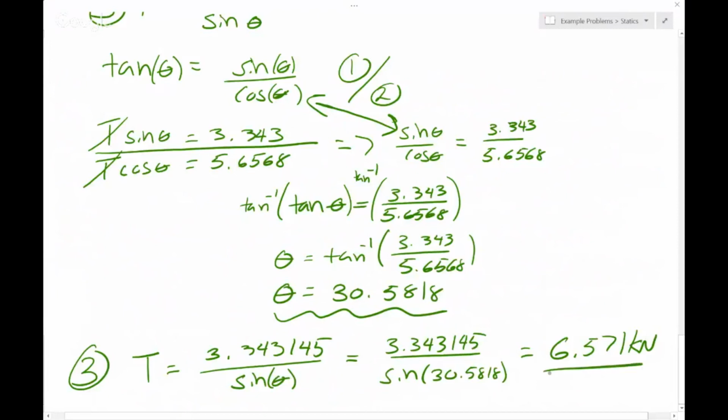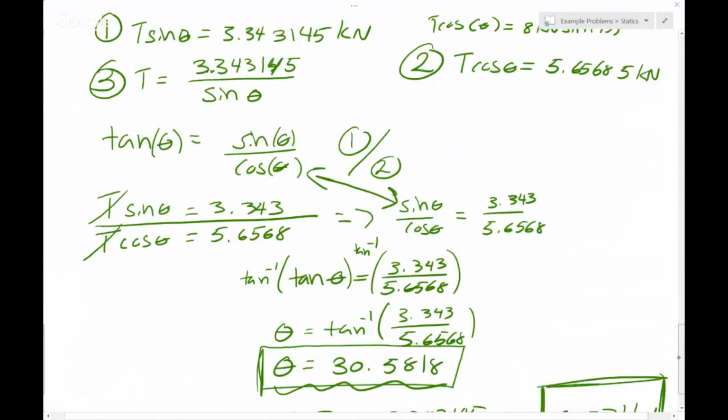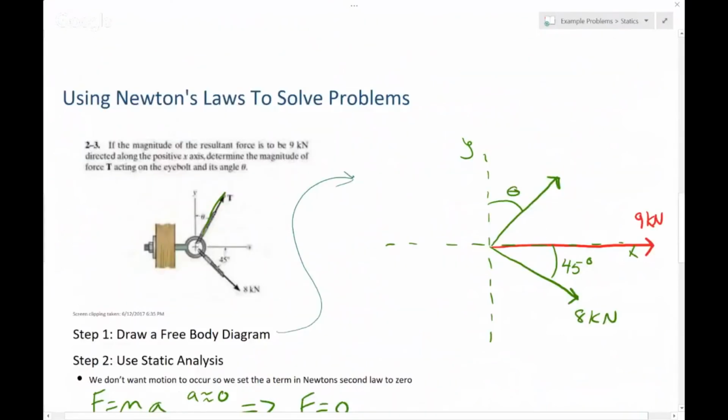And so this ends up being the answer to our initial question, where we solved for and got an angle of 30 degrees, roughly, and a force magnitude of 6.57 being required in this direction to generate a resultant force of 9 kilonewtons along the x-axis.